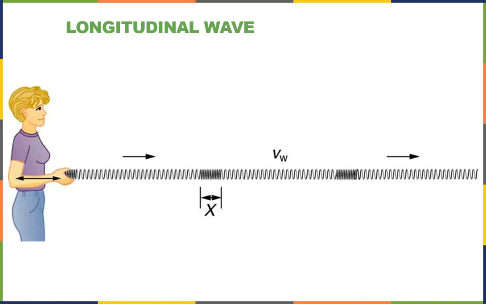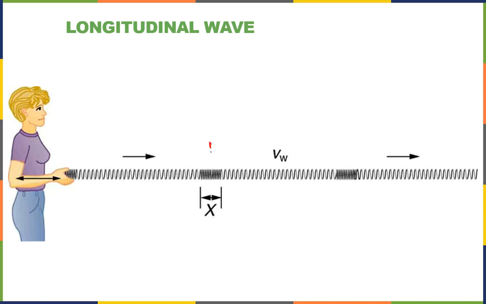Longitudinal waves is when the motion of the particles is the same direction the wave is traveling. So in this case, the slinky is being pulled back and forth like this. So the motion of the pieces is horizontal and the wave is traveling horizontal. That's called a longitudinal wave. How would I specify the wavelength here?